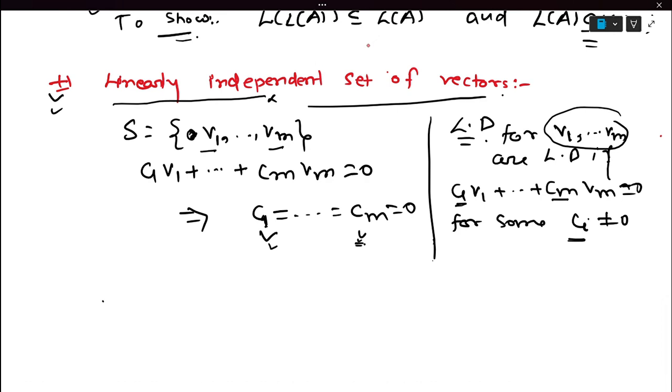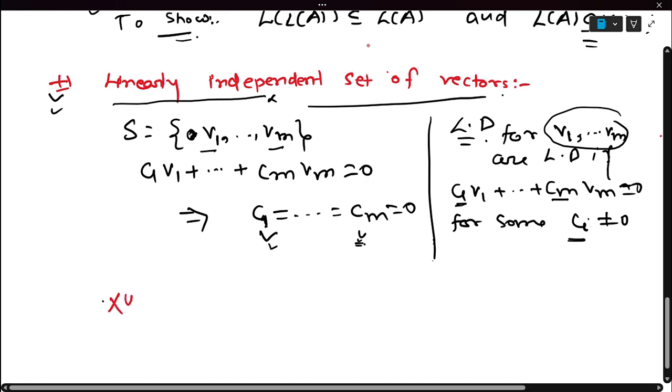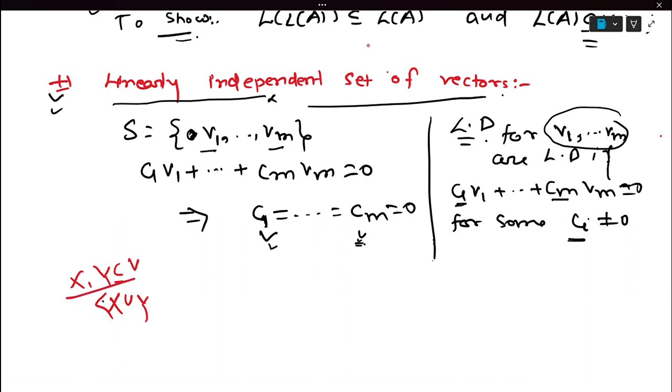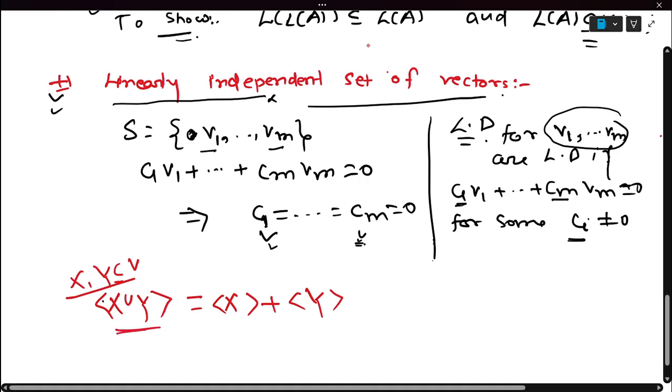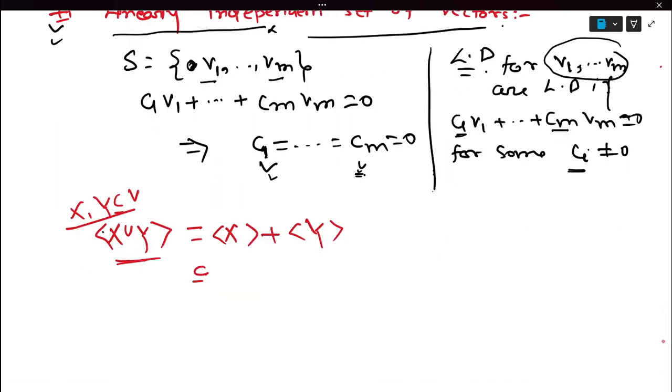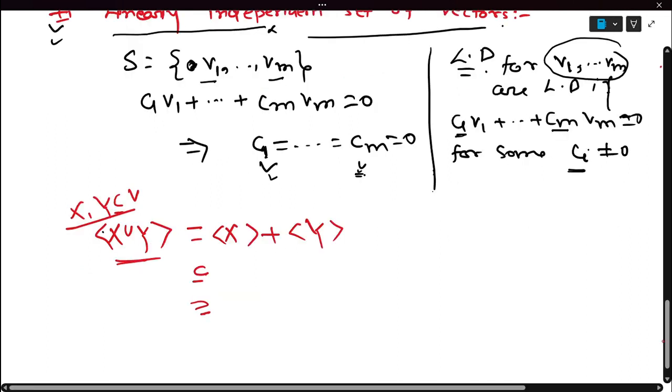The result was: X and Y are subsets of the vector space V. So the span of X union Y is equal to the span of X plus the span of Y. We can prove this by showing the first is a subset of the second and the second is a subset of the first.